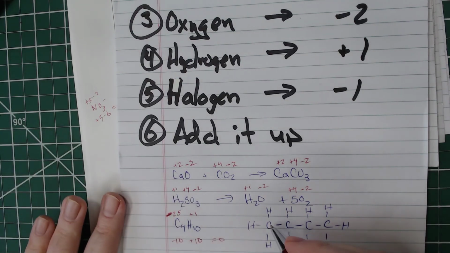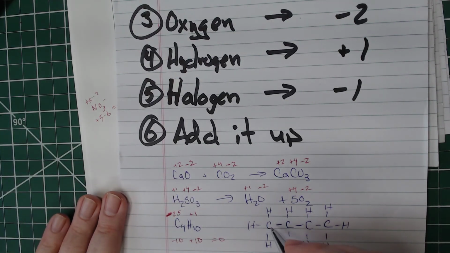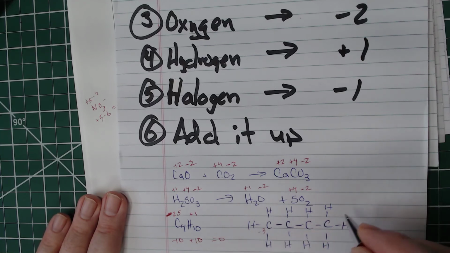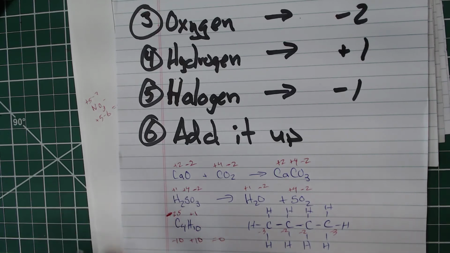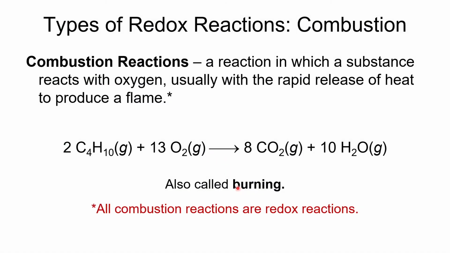The oxidation states of the carbons with 3 hydrogens attached is negative 3. The oxidation states of the carbons with 2 hydrogens attached, those are negative 2. But they average out to become negative 2.5. I just like to point that out because it's kind of cool. So I'm going to go back over here.